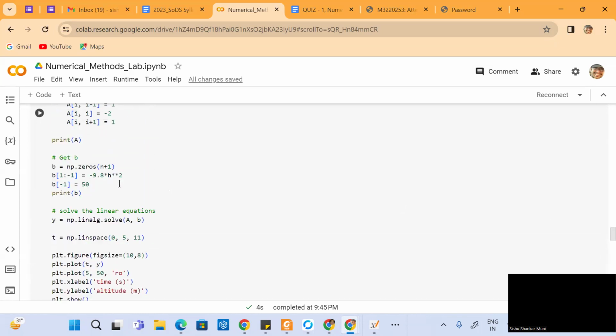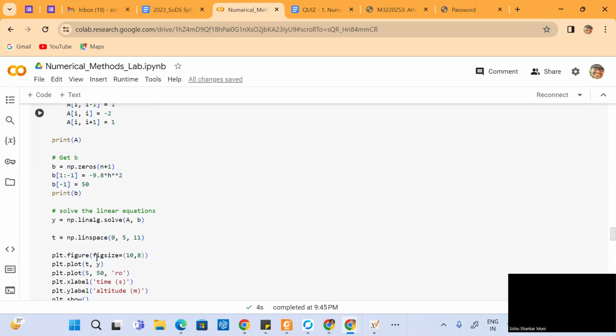And this is your B matrix, which you already got. It is minus g times h square, where g value is 9.8, and the end value is 50. You have A, you have B, so now you can find x. We feed A and B into linalg.solve, and the output of this will be the x vector.